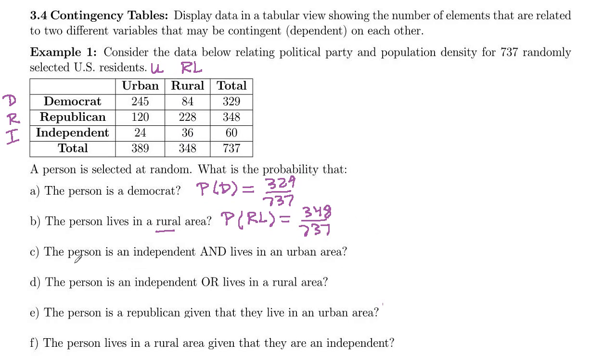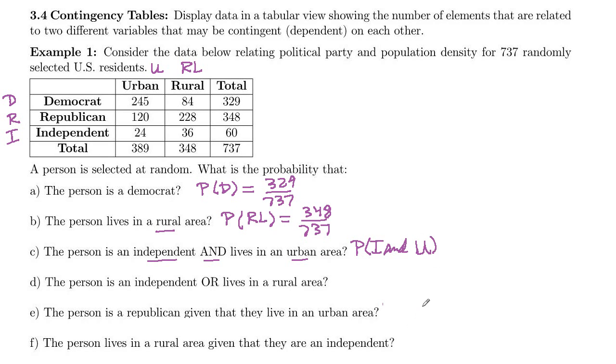What is the probability a person is an independent and lives in an urban area? So this is probability that they're an independent and live in an urban area.